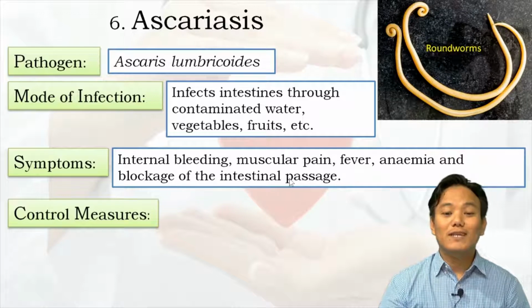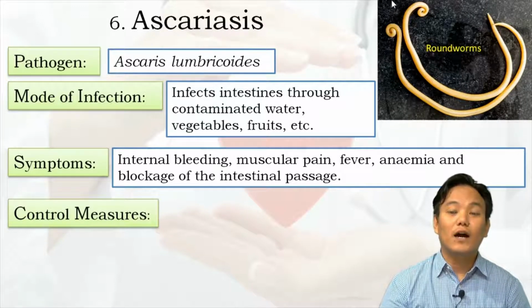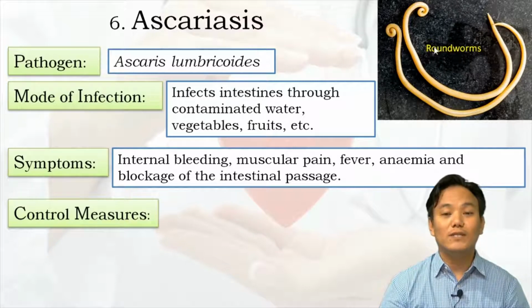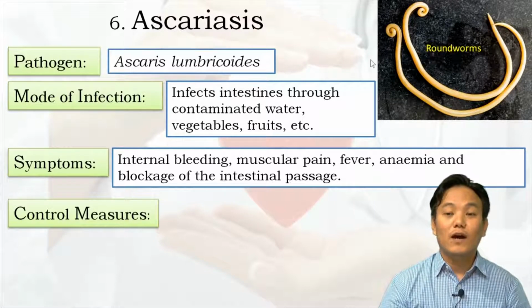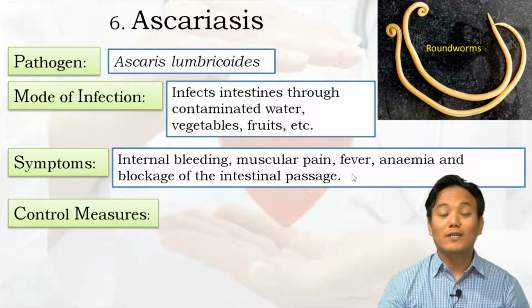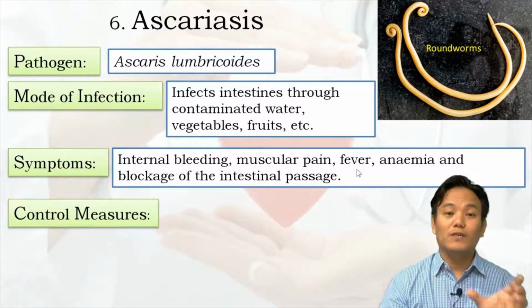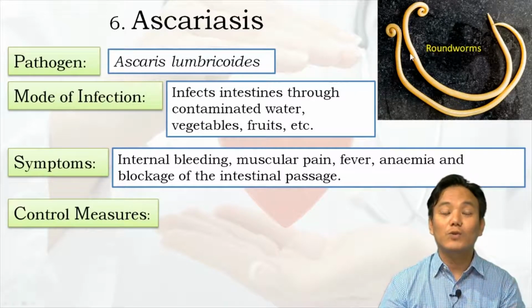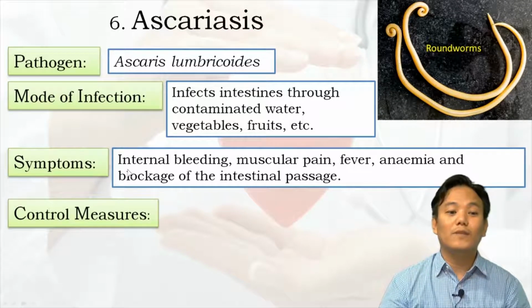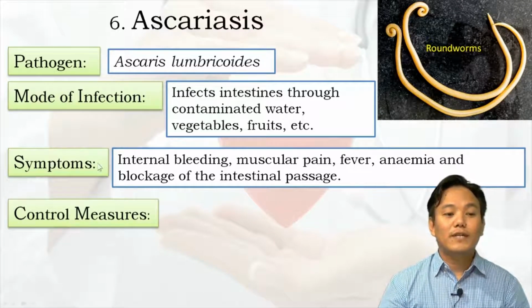Blockage of the intestinal passage occurs when a large number of worms grow within the intestine. If a large number of roundworms grow within your intestine, they can block your intestinal passage, and that becomes really serious. You may have to remove that part of the intestine where there is blockage due to Ascaris. So that is about the symptoms.